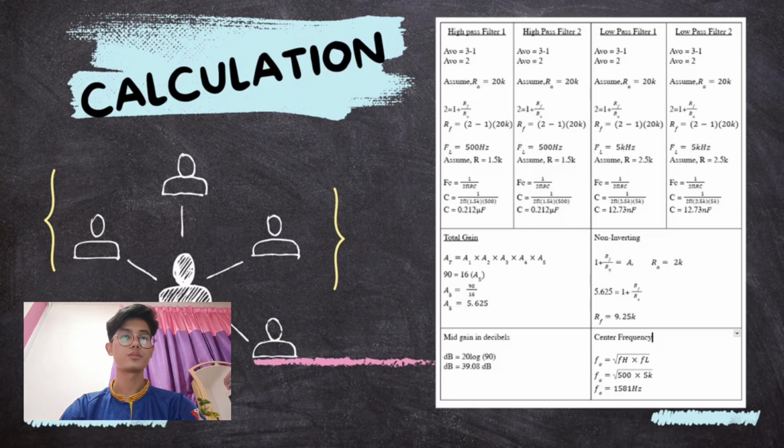Lastly, to find the center frequency, it is the square root of FH multiplied by FL. We already got the frequency FH, just put in the 5k that we got. The center frequency will be equal to 1581 Hz.